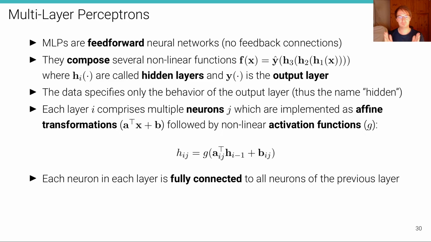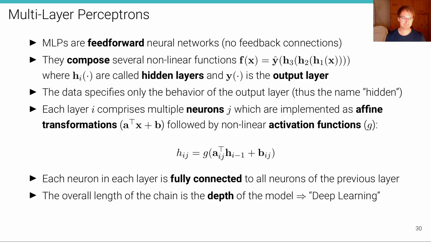All neurons are fully connected. This is a matter of the architecture, and the multi-layer perceptron is a specific architecture. There are many more architectures that have been developed and that are used today, but this is just one of the most basic ones.